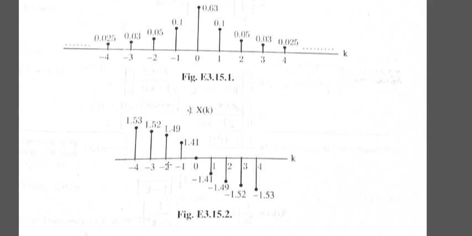For k is minus 2, it is plus 1.49. So this goes on. We need to calculate a few more values, just up to 3 one can run and conclude the magnitudal and phasal plots. And from this it's quite visible that the magnitudal plot is always symmetrical, it is an even signal, but the phasal plot is an odd kind of signal.